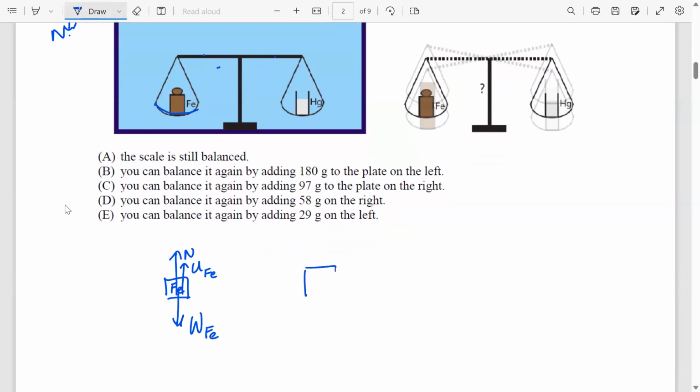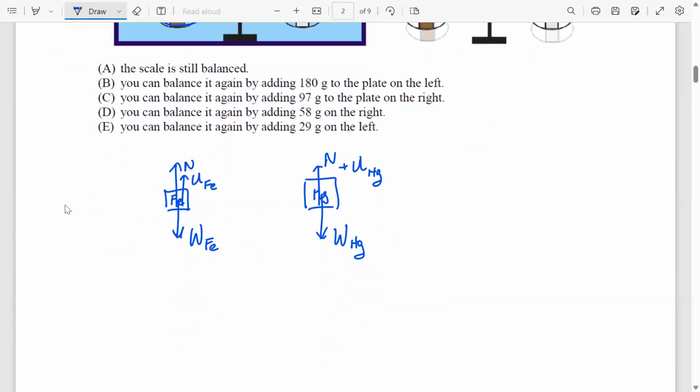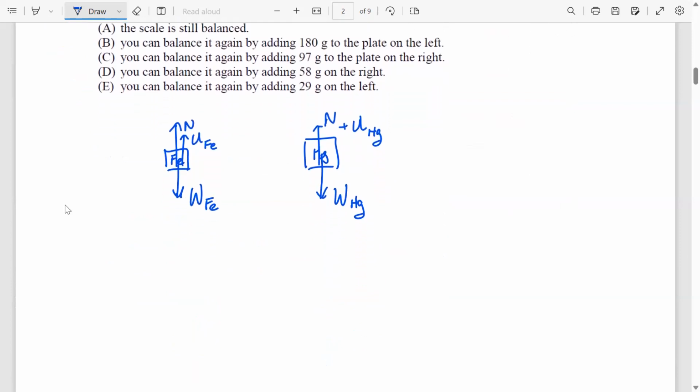Whereas for the mercury, the normal force is the same when it's in water, plus the upthrust due to mercury equals the weight of the mercury. So you can see that the normal force is the same, which means that when it acts on the balance downwards, it will be balanced.